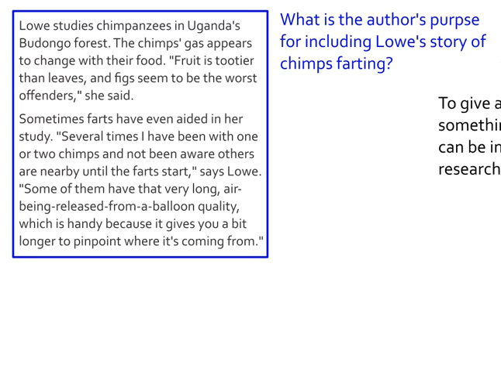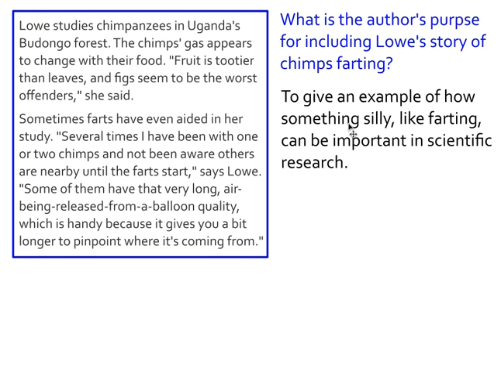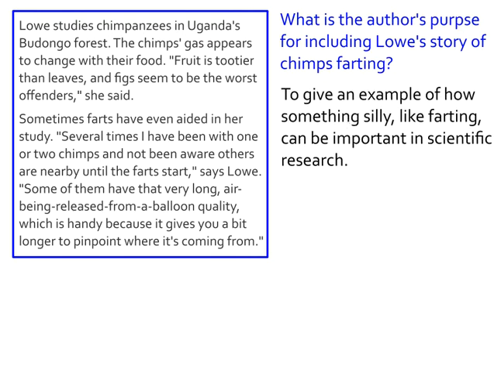Well, I think the author's purpose is to give an example of how something silly, like farting, can be important to scientific research. It helps her pinpoint where the chimps are located so that she can study them further. It supports his central idea that science can be both serious and really entertaining.